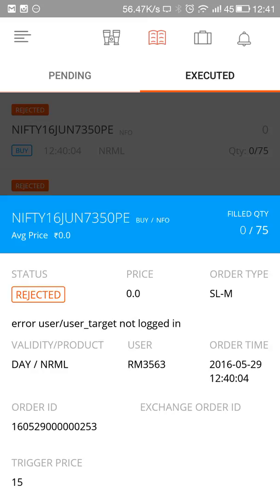So what is the PNL, profit and loss? For 3 trades it's minus 600 rupees, and for one trade it's only plus 200 rupees. So the result is minus 400 rupees. So for beginners I must say the success ratio will always be 1 is to 3 or something, or sometimes it's 0 also.